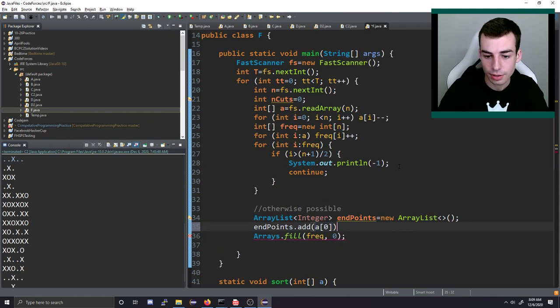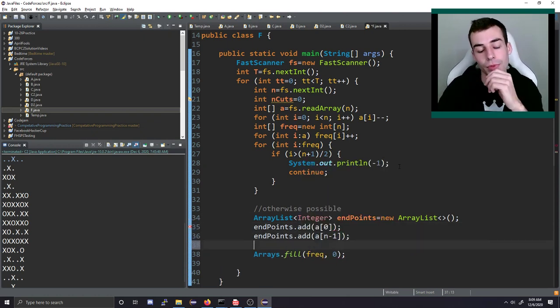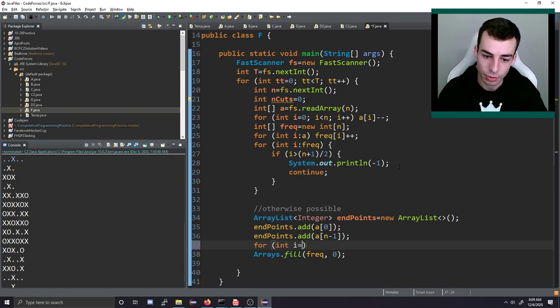Add 0 to endpoints, add a -1, and now for i equals 0, i plus 1 is less than n, i plus plus.